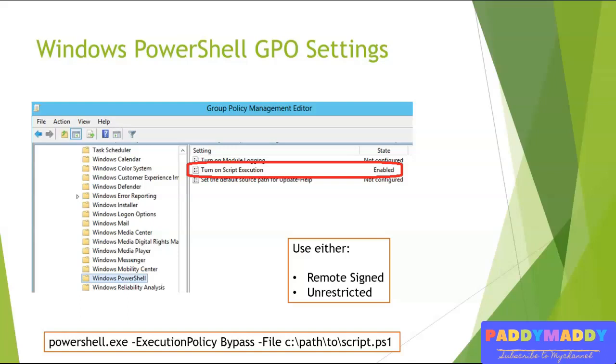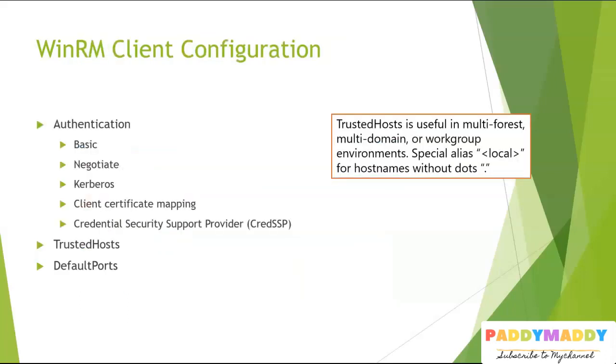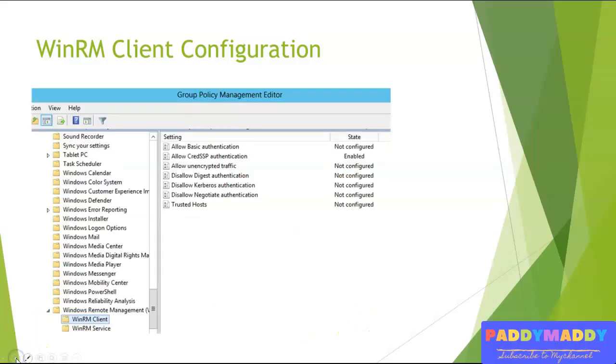Also, the script execution policies should be set for the specific path, and as I said, authentication would be on negotiation and Kerberos and those kinds of methods would be used, but for security we can go by default with Kerberos authentication. PowerShell also uses, as I said, WinRM.